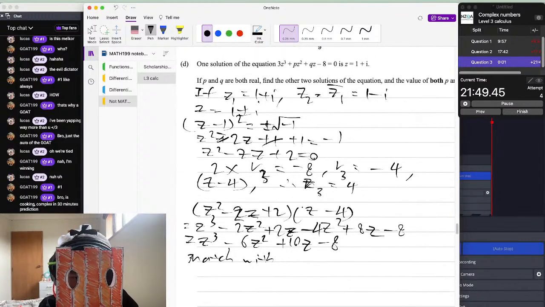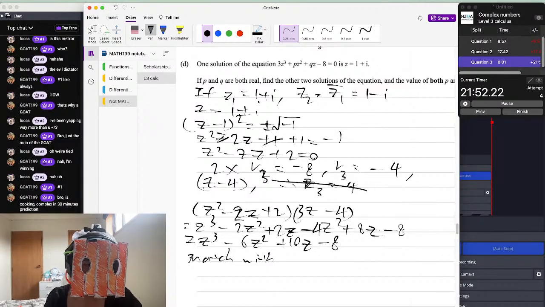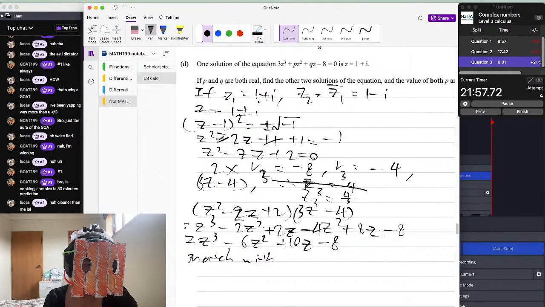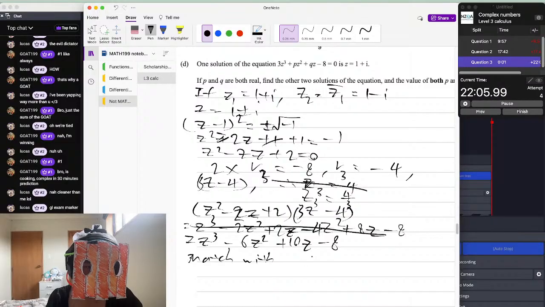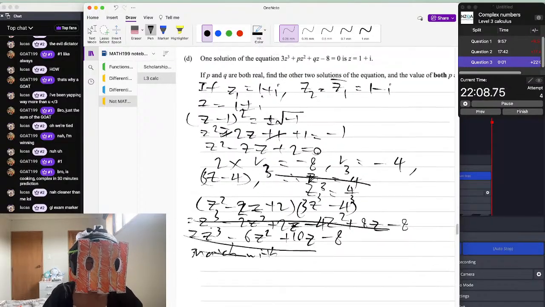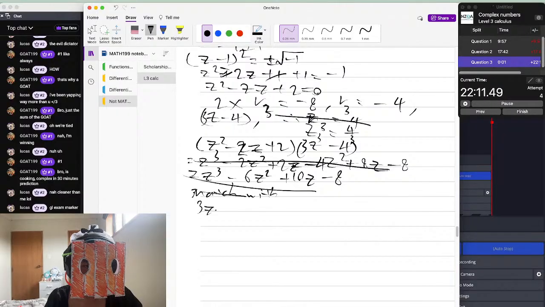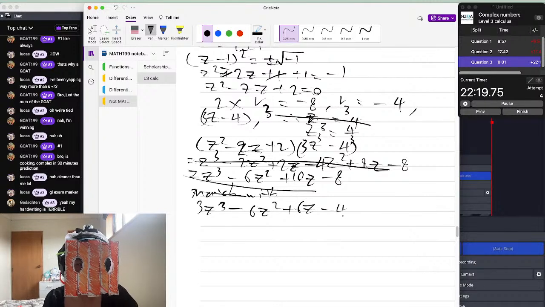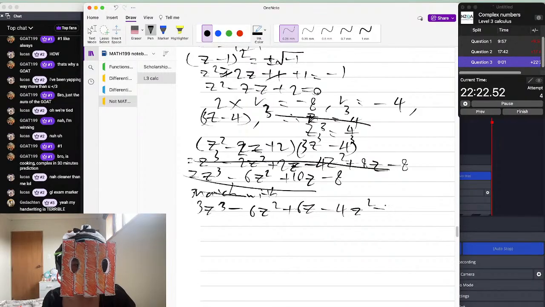Ooh, okay, I forgot about that existed. Let's use 4 over 3, which means if I just do 3z cubed minus 6z squared plus 6z minus 4z squared minus 2 plus az minus 8.